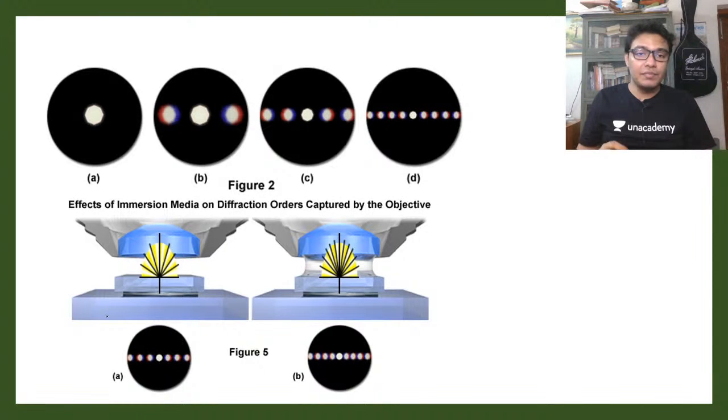Guys, what happens if your objective diameter is more? You would collect more and more diffraction patterns. So in terms of image formation, this is the best scenario, because you have so many orders of diffraction images: the 0th order, 1st order, 2nd order, 3rd order, 4th order.